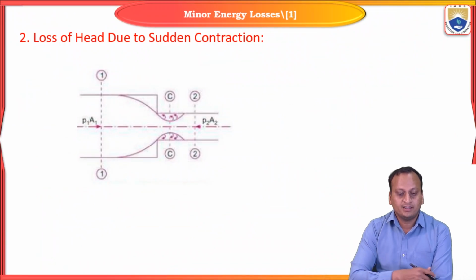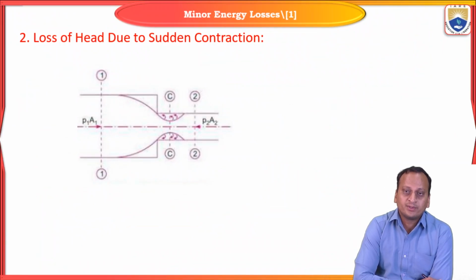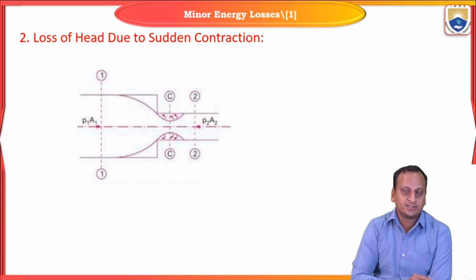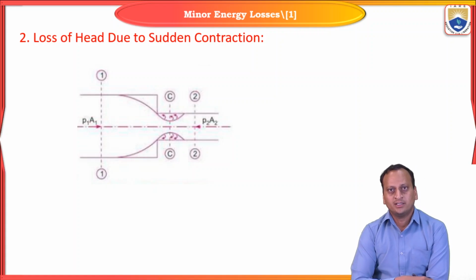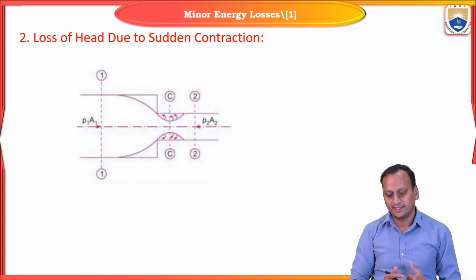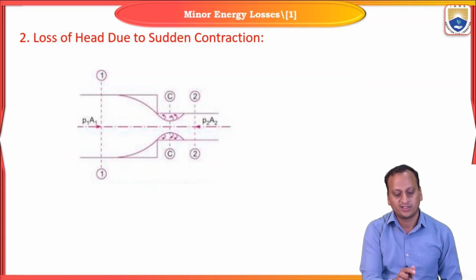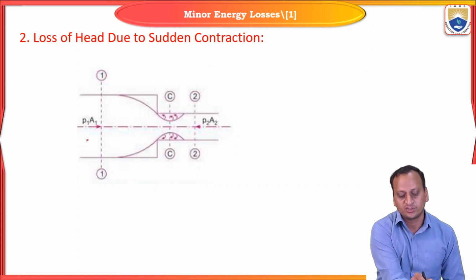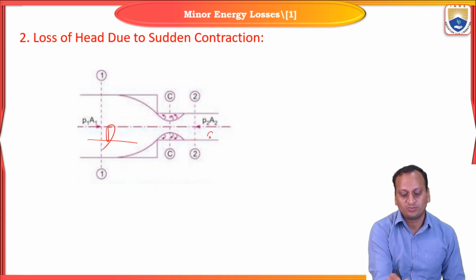Similarly, while the fluid is flowing from a bigger diameter to a smaller diameter, this is quite opposite to the loss of eddy due to sudden expansion. In this case also, the fluid initially flows through the capital D diameter, but it has to flow through the small d.